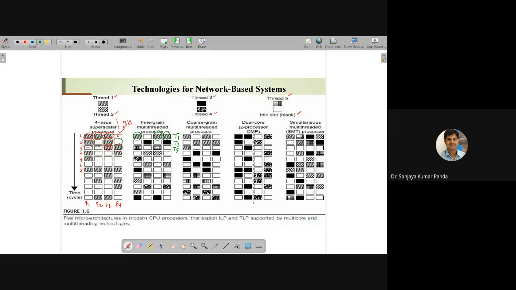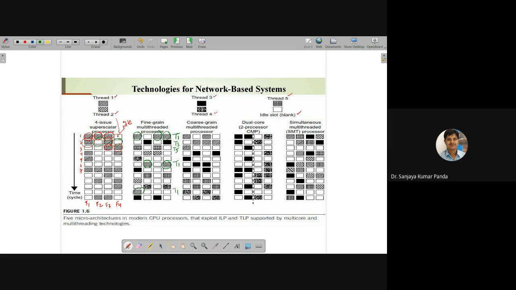Suppose thread 1 requires, let's say, 3 clock cycles to complete the work assigned to that particular thread. So you can see here we have again thread 1, here we have again thread 1, and here also we have again thread 1.